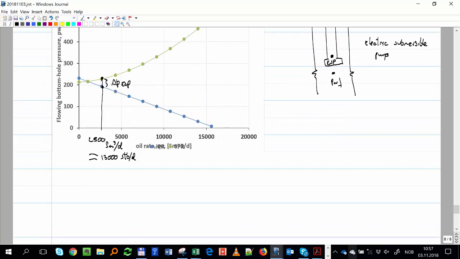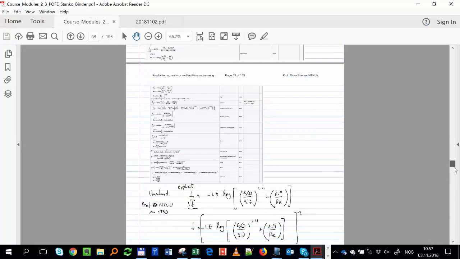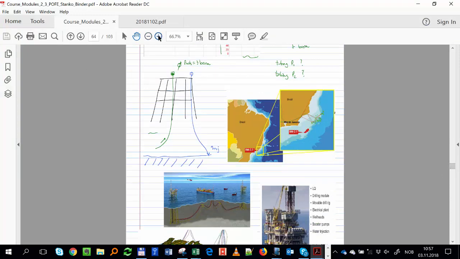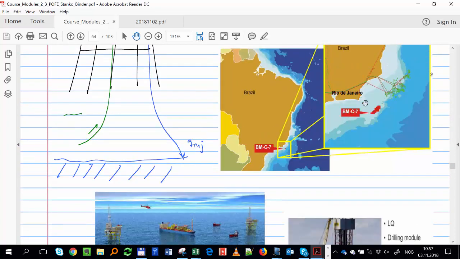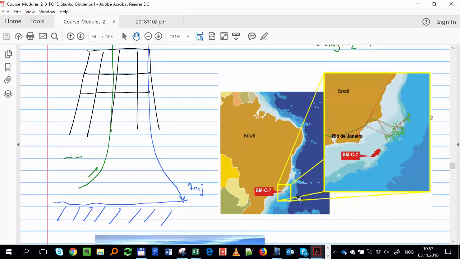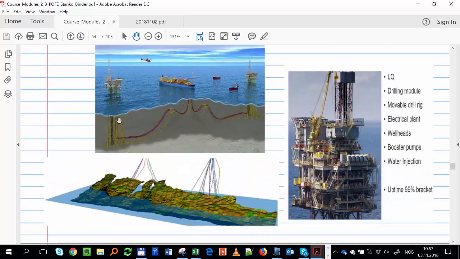So let me show you just what is this field. Okay, this field is a field offshore Brazil. It's located, I think, in this block here. Okay, and it's like that. It's two platforms where you have wells that are deviated. Okay, they are producing from different parts, and it's very heavy.